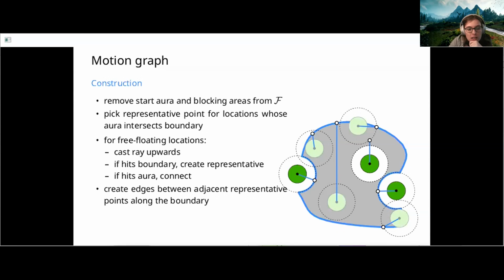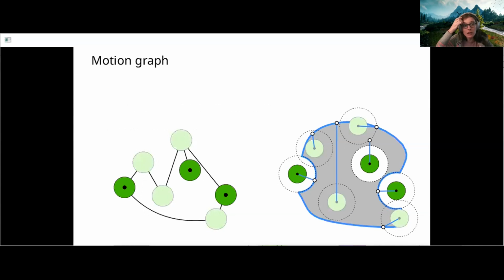So we create edges between all locations in the order along the boundary, and if some vertical rays hit the auras of other locations, we connect those with an edge. And this is the motion graph that we construct for the example on the right-hand side.